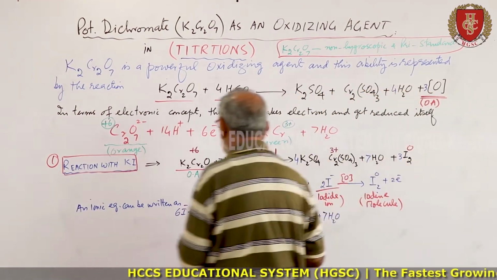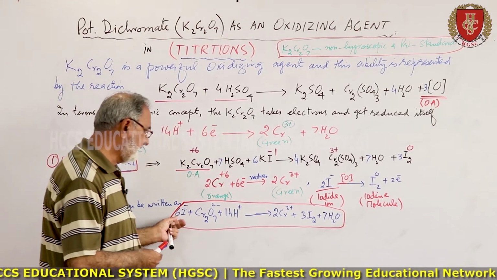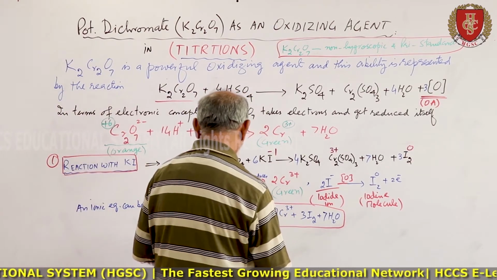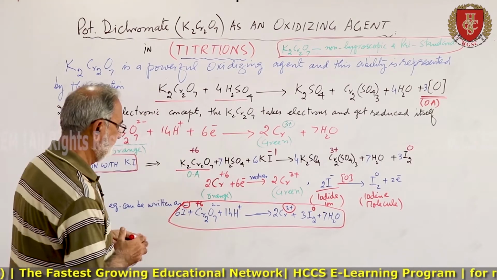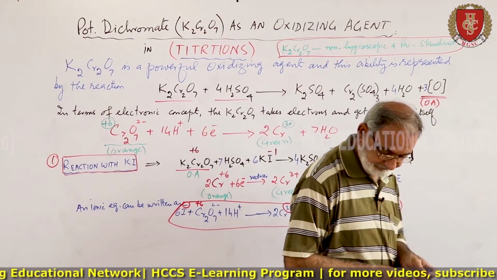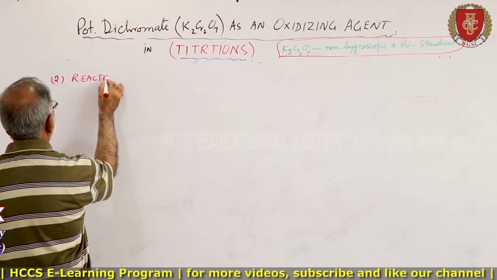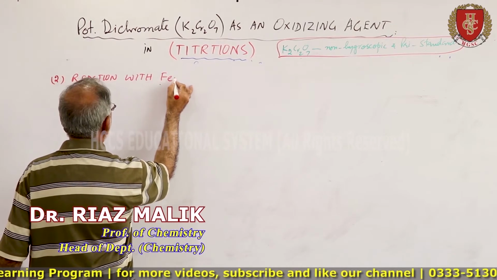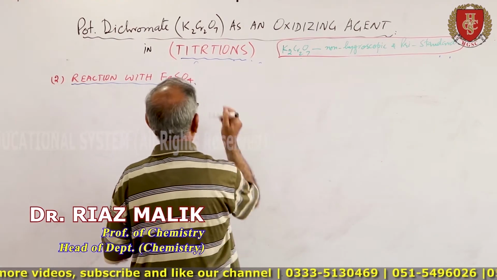Now this is basically the ionic equation, where the iodide ion, at minus 1, is changing into 0, and here chromium is plus 6. So this can be represented by the ionic equation. Now reaction 2, the reaction with FeSO4.